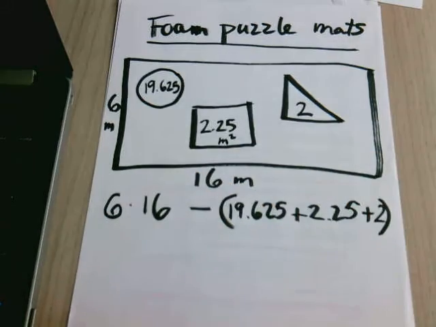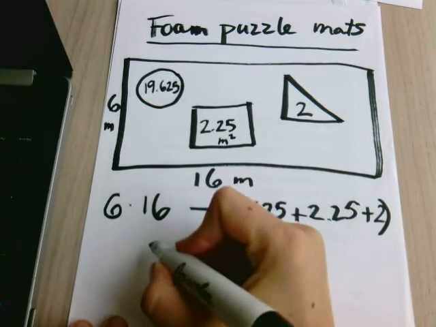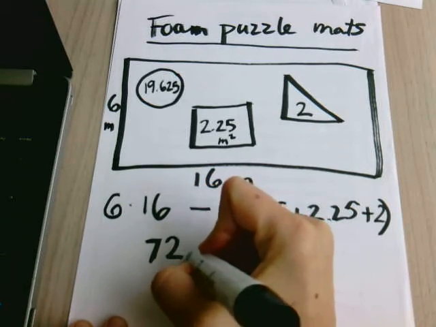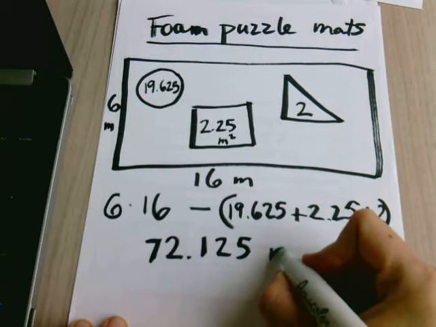And take a minute to do the arithmetic. And that gives us 72.125 square meters.